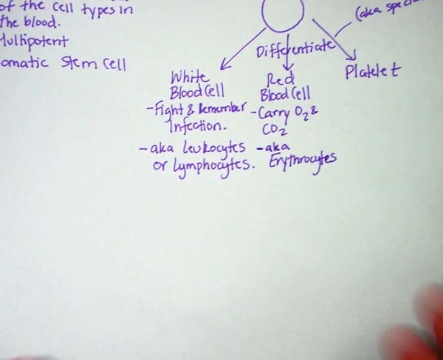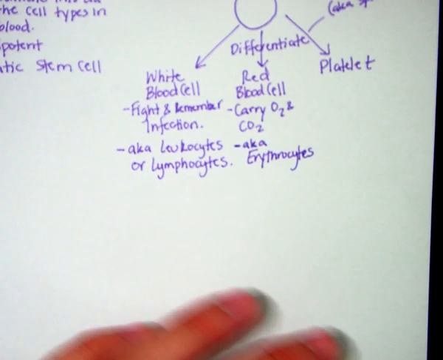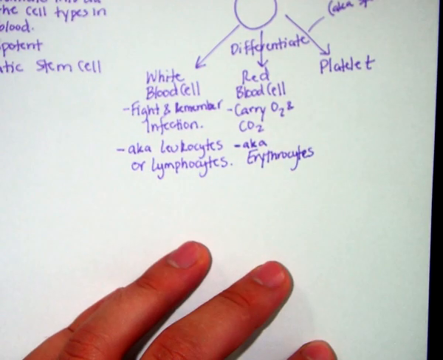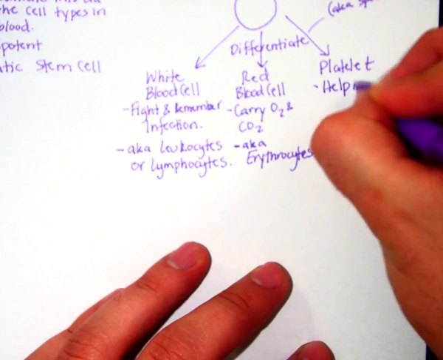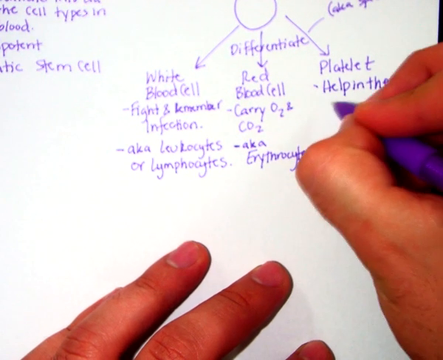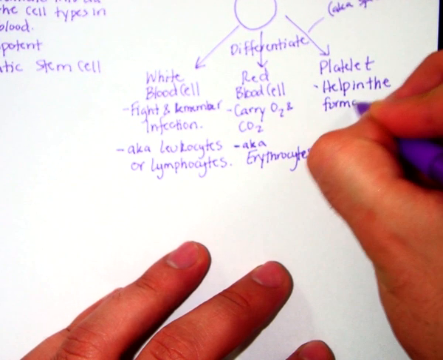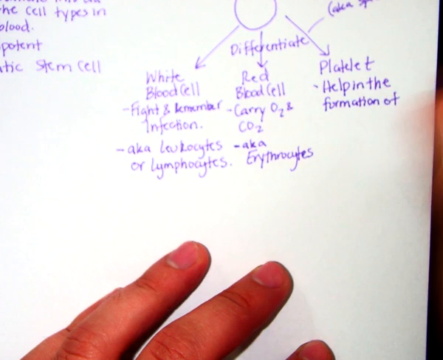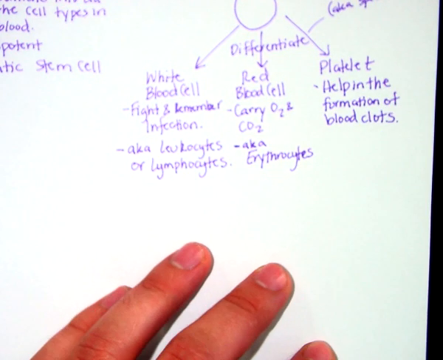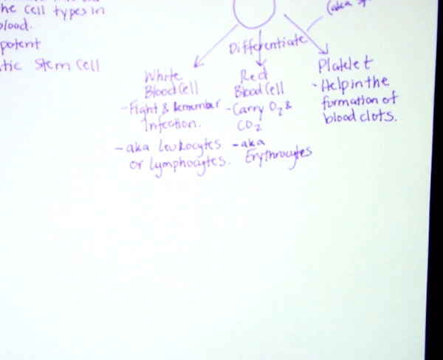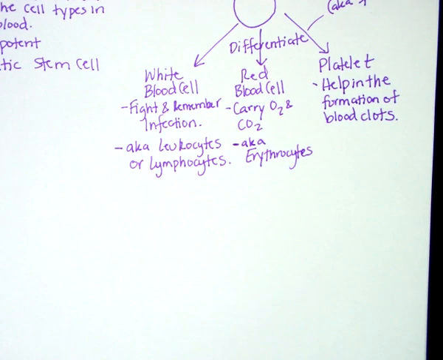Okay. And lastly, the platelets. It doesn't have really a different name, but its major function is to help in the formation of blood clots. White blood cells, red blood cells, and platelets.